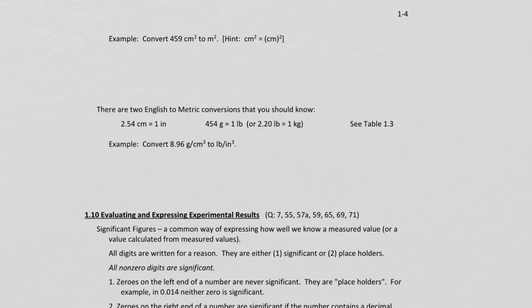So, 459 centimeters squared times 100 centimeters to 1 meter. Now, you could just write squared. That's fine. I get that the exponent only applies to the 1 meter over 100 centimeters.